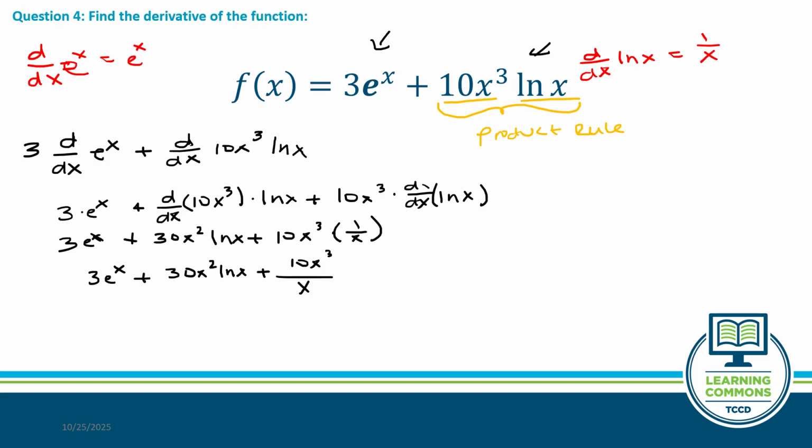And then, of course, you can get rid of this x and this x, and make that 3 e to the x plus 30x squared ln x plus 10x squared.